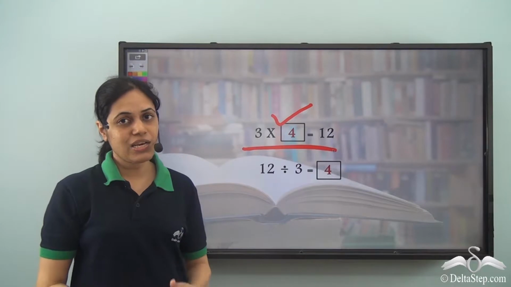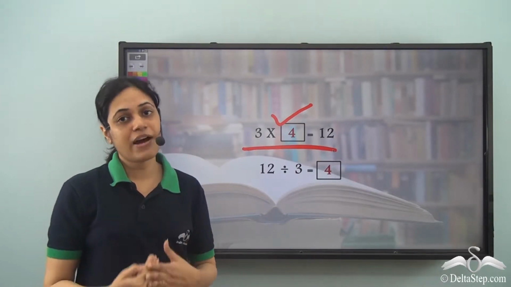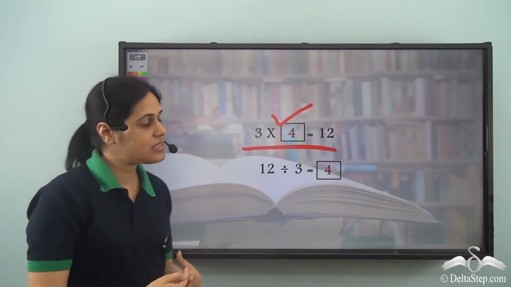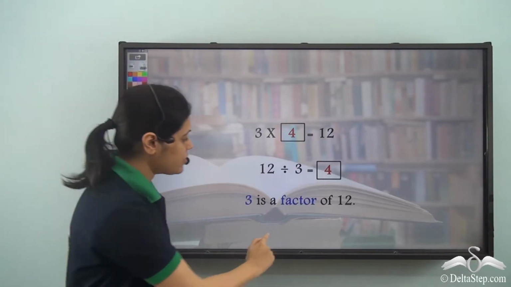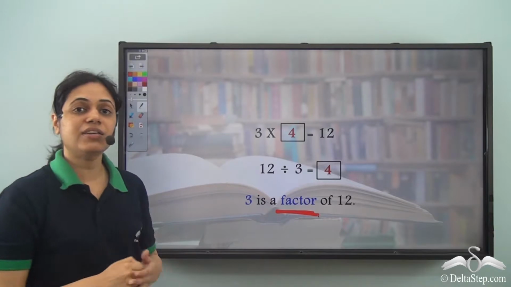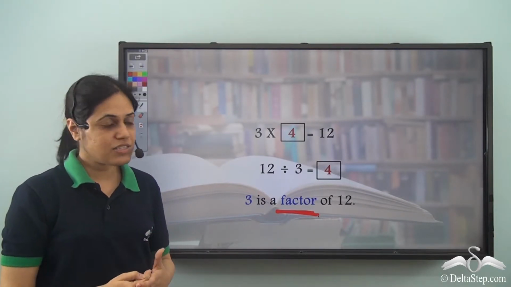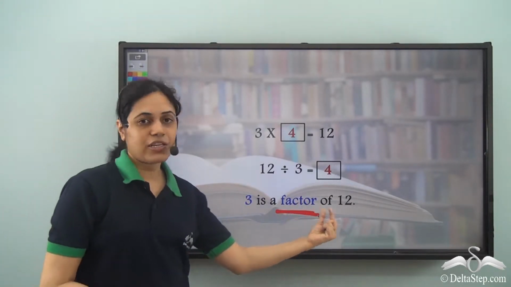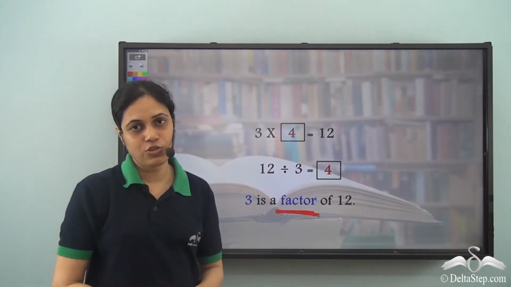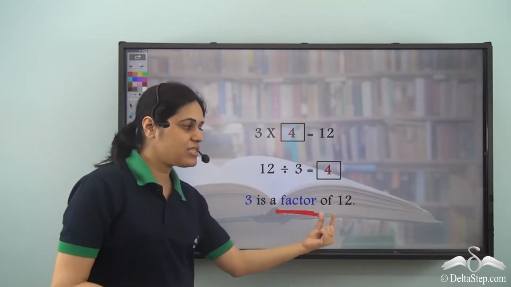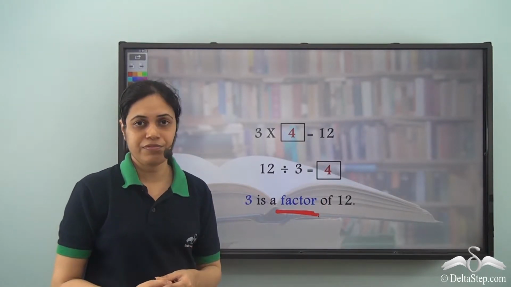So what can I say about 3? Is 3 a factor of 12? Yes, 3 is a factor of 12, because factors means that 3 will be multiplied with another number to give me 12.